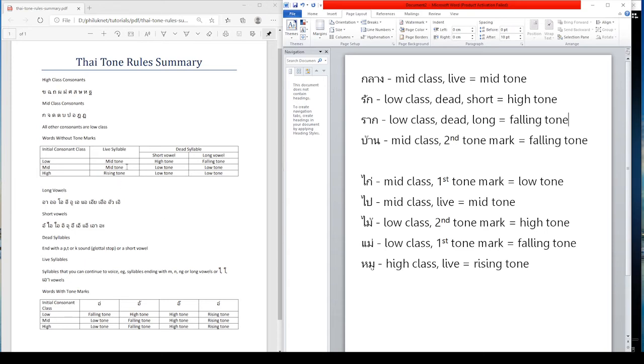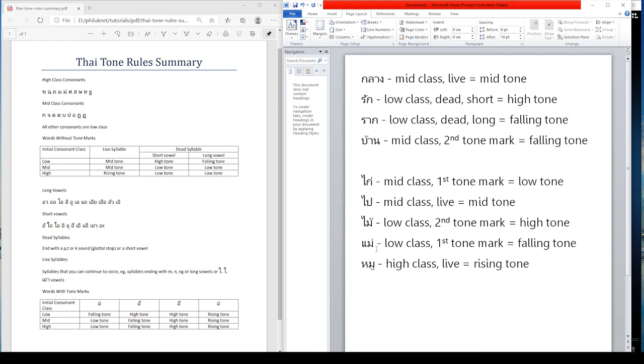So it's just a mid-tone. This one, mai, with a high tone. This means wood. Ma is a low-class consonant, and we're using the second tone mark. So low class and second tone mark is a high tone.